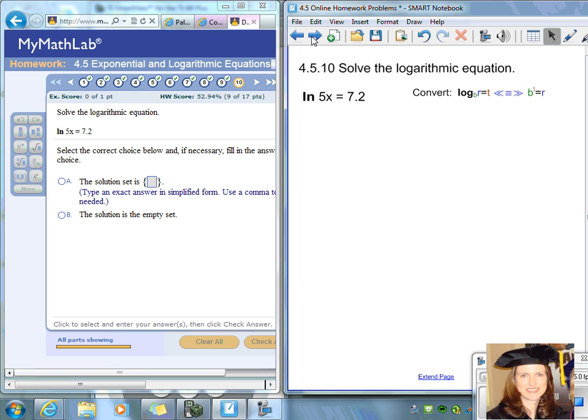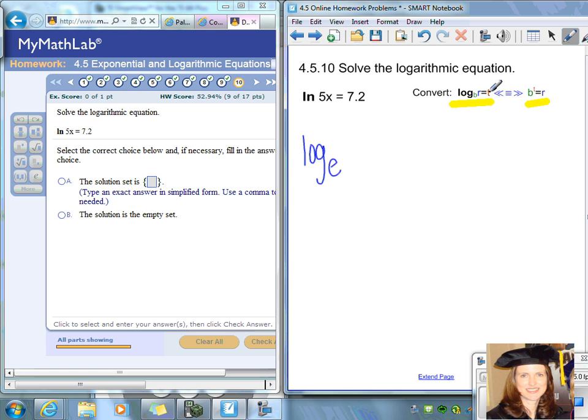All right, continuing on, question number 10. This is a logarithmic equation and we want to solve it for x. It is in logarithmic form. We want to convert it to exponential form. Anytime you have a natural log, that's the same thing as log with a base of e.